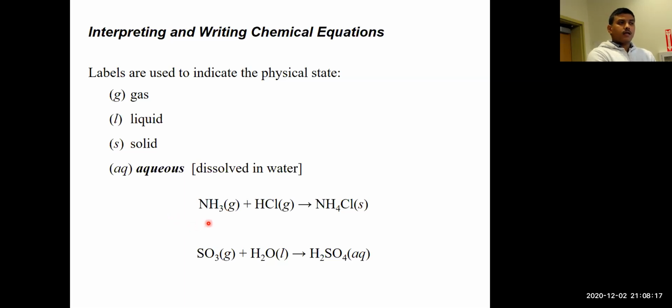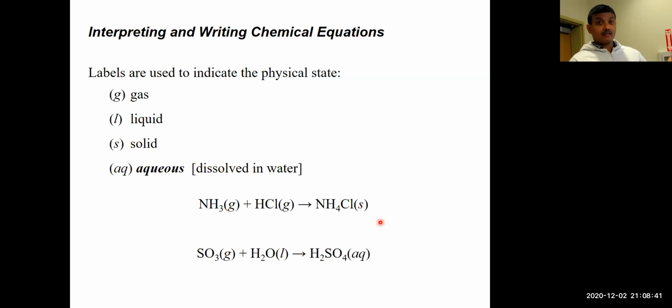So NH3 is a gas and HCl is a gas. And when those two react, they form NH4Cl, which is a solid. Unless I told you that NH3 and HCl are gases, you would not have an image of what the chemical reaction would physically look like.